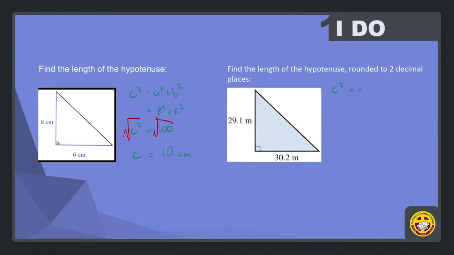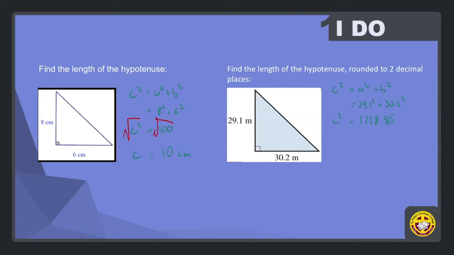Same thing over here, except this one is a little bit more complicated. You're going to need a calculator for this one. We fill in our numbers. We put that into a calculator. And we remember that this is not the answer.